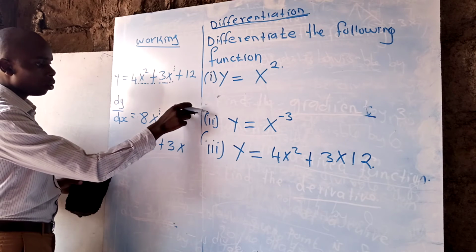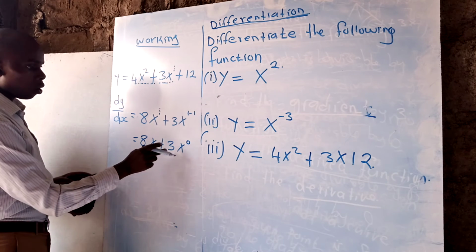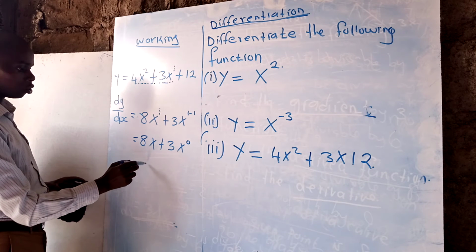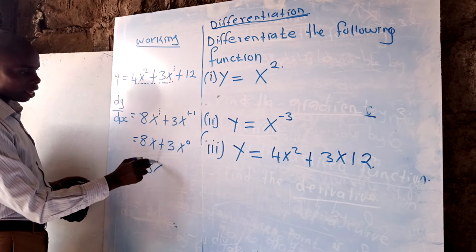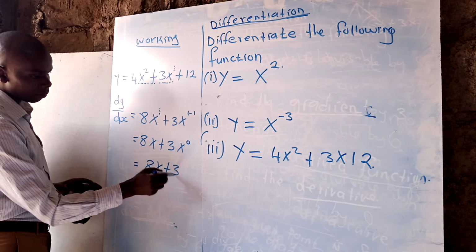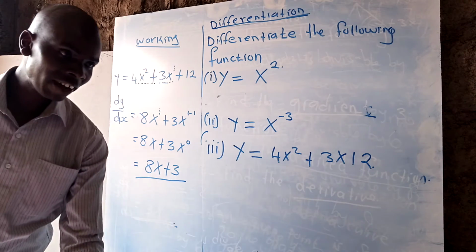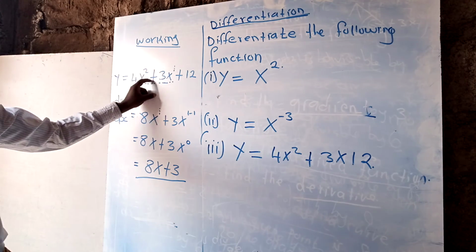X raised to 0 is going to be 1. So 1 times 3 is going to be 3. So our gradient function is going to be 8x plus 3. This is what we call the gradient function, or the derivative of the function which we have here.